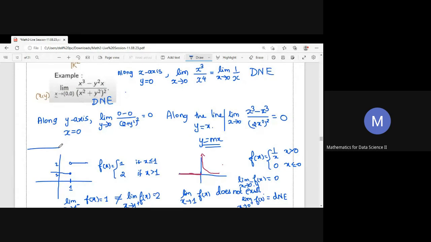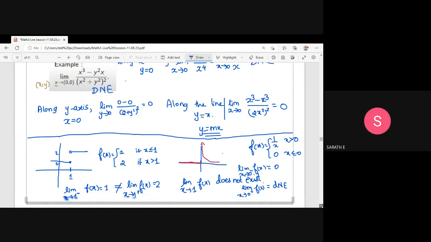Am I clear? If the limit does not exist, can we say the function is undefined at that point? Not exactly, because for example, here f of 1 is very clearly defined. Just the limit is not existing at that point.